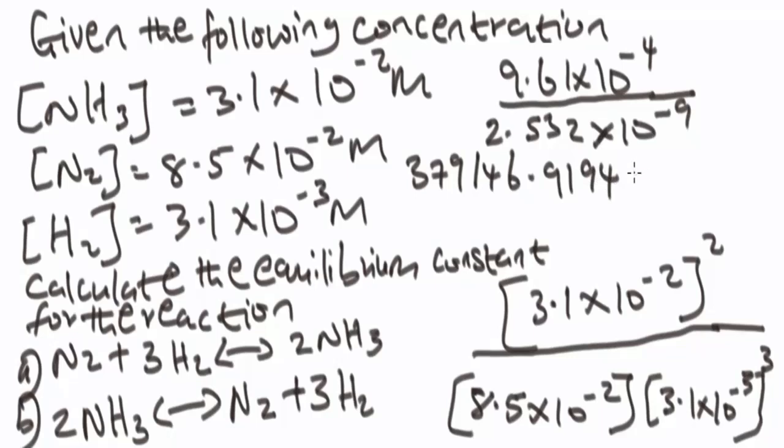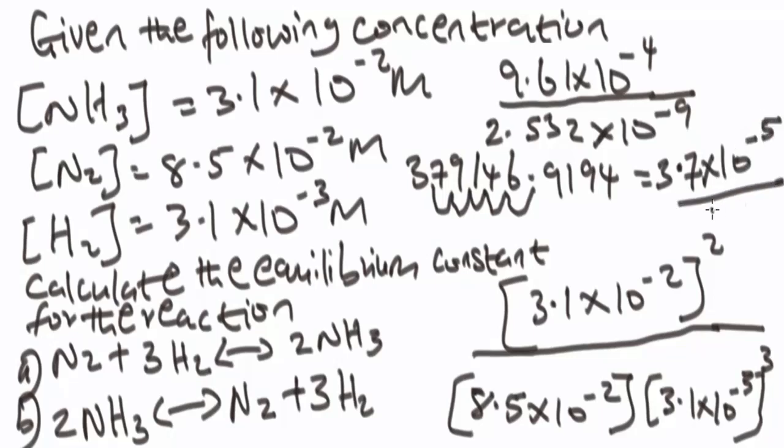If you leave it in standard form, since you're going backward 1, 2, 3, 4, 5, it's going to be 3.7 times 10 to the power minus 5. So this will be the equilibrium constant expression for the reaction, Kc or Ka rather, this is reaction A. But remember, it does not have a unit.